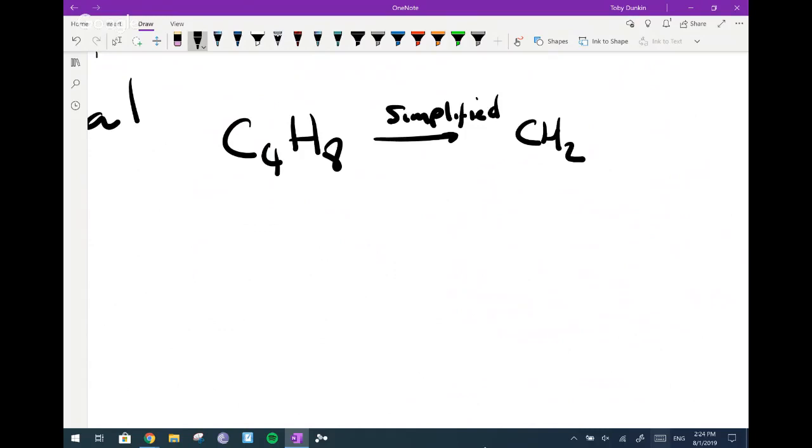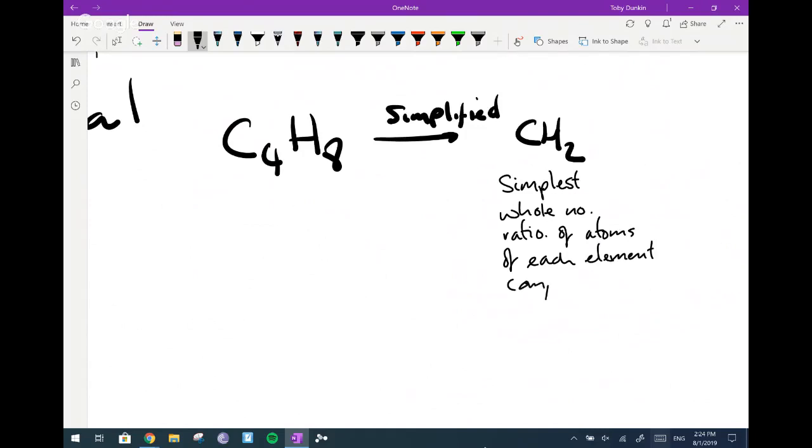And it provides you actually the definition. This is the simplest whole number ratio of atoms of each element in a compound.